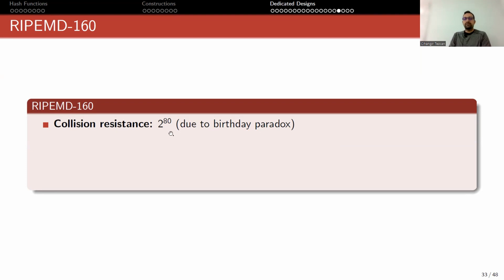So collision resistance is due to the birthday paradox, 2 to the 80. This means that if you want a short output like 160 bits, instead of SHA-1, you should use RIPEMD-160. You may not have heard of it before, but this is what Bitcoin uses. Every Bitcoin address you get actually is a result of RIPEMD-160.